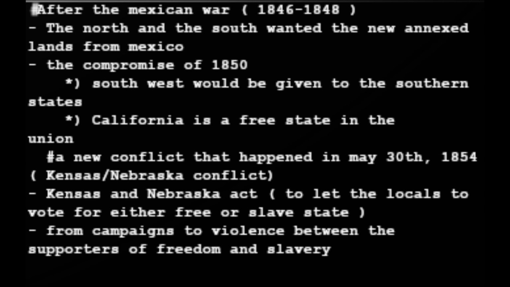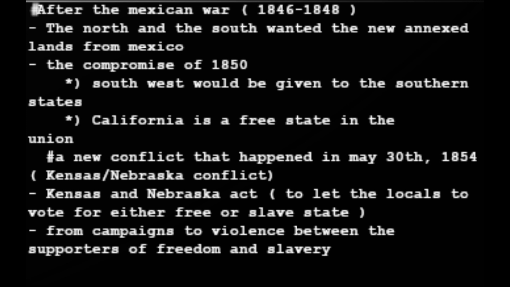So they had these new states. They wanted to admit them to the Union, but they did not know whether to take them as free or slave states. So what did the Congress do? The Congress responded by giving the right to the people of Nebraska and Kansas to vote whether they want to live in a free state. For example, the people who lived in Nebraska would vote whether they want Nebraska to be a free or a slave state, and the same thing with Kansas.